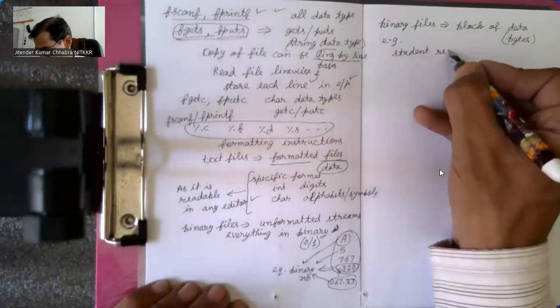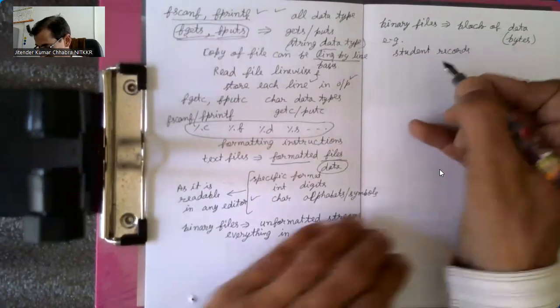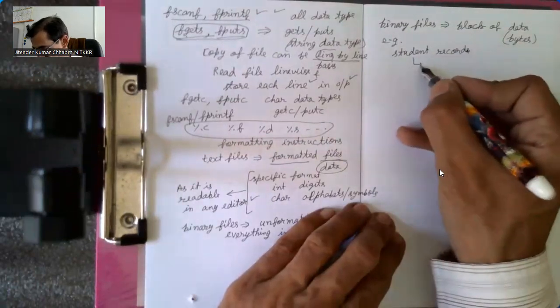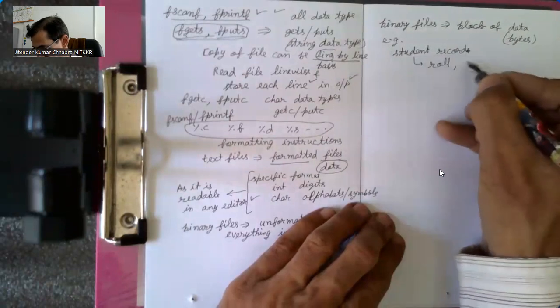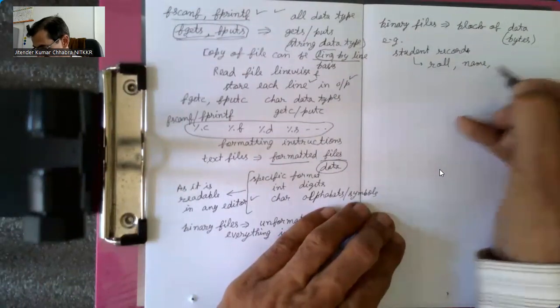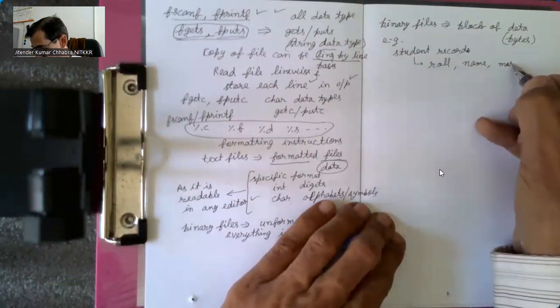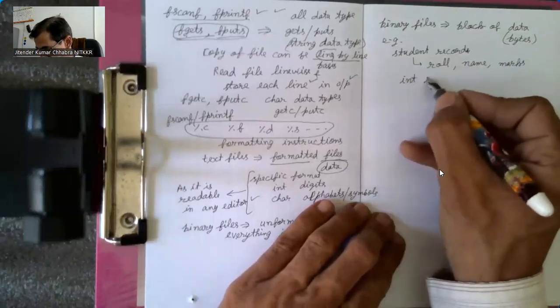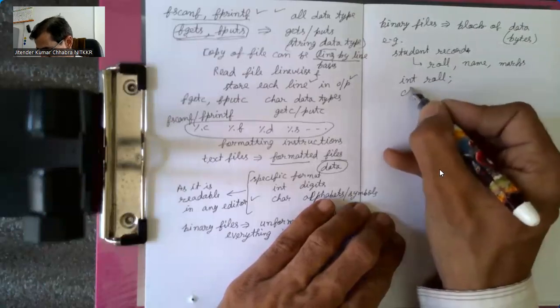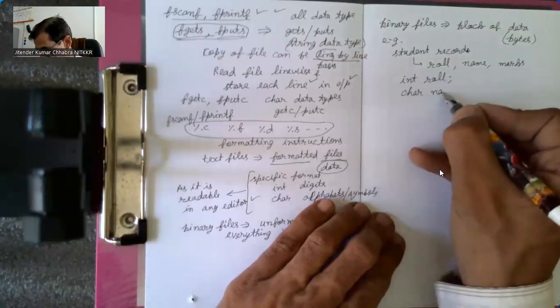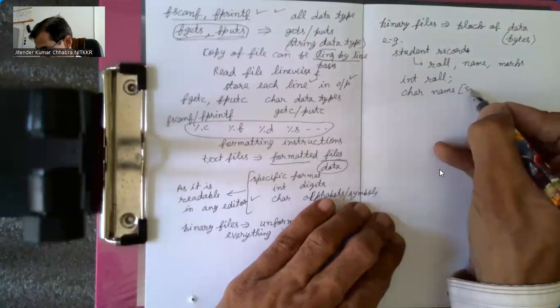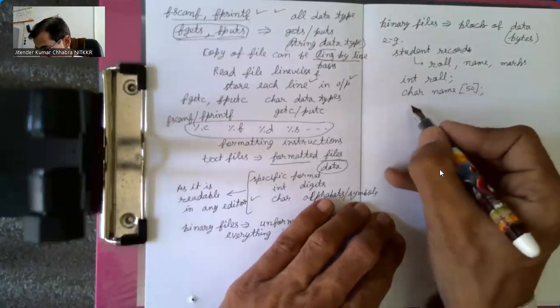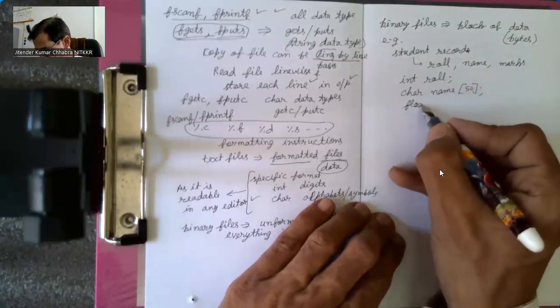Say each student has a roll number, a name, and some marks. You might have declared it as int roll number, char name[50], and float marks.